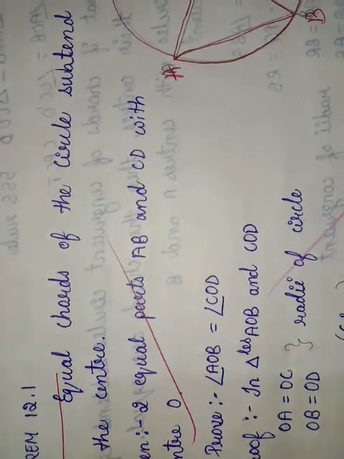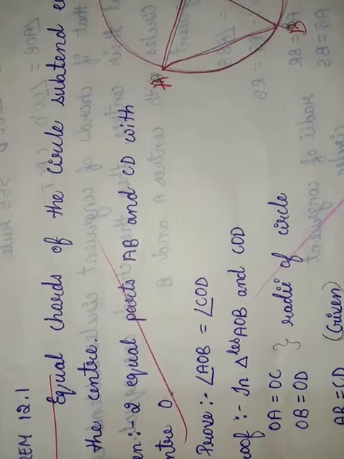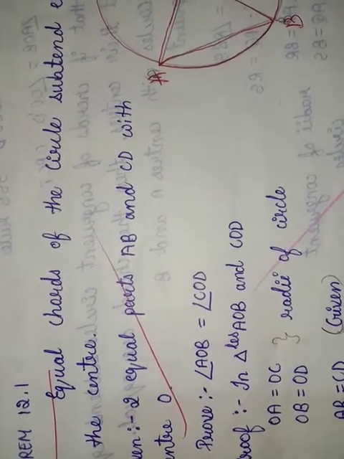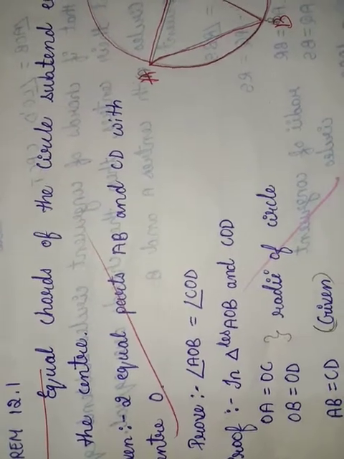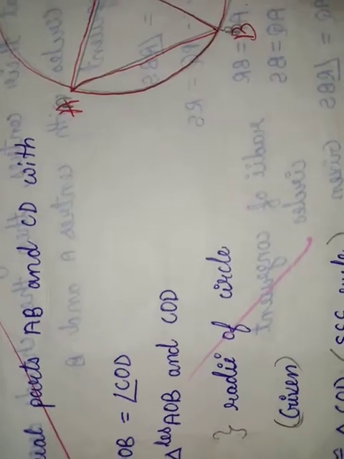So here, equal chords AB and CD with center O. Then what we have to prove? Angle AOB is equal to angle COD.